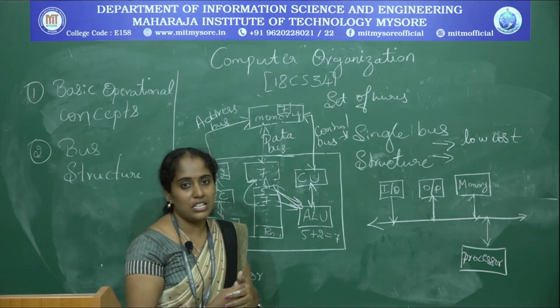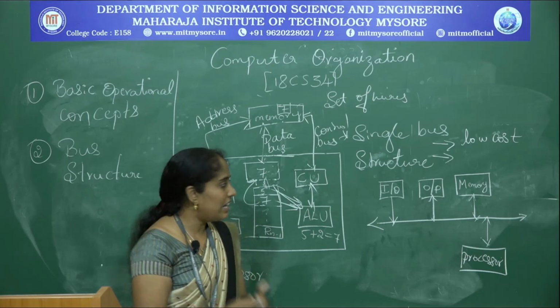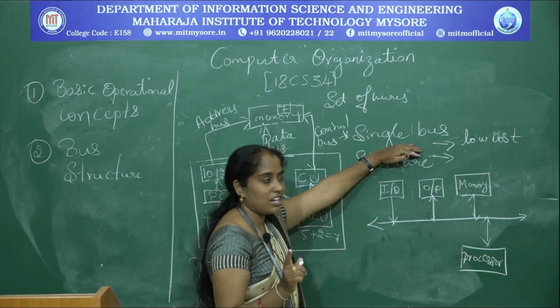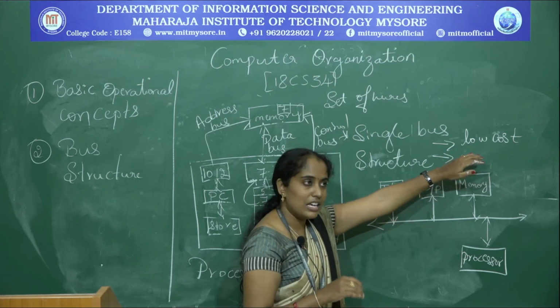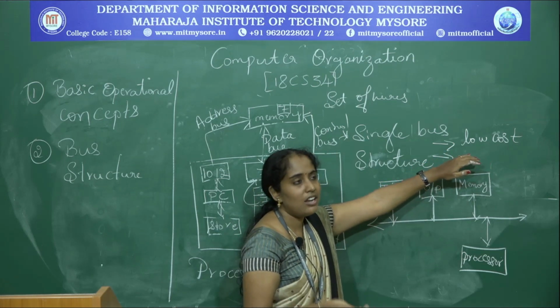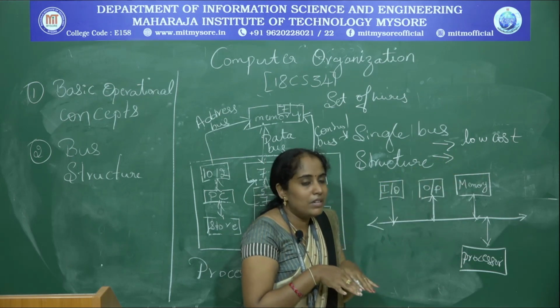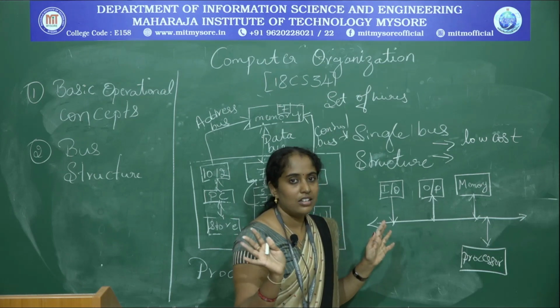But we are not using multiple bus structure because it is very high cost. So we use only single bus structure because it is very low cost and very flexible.